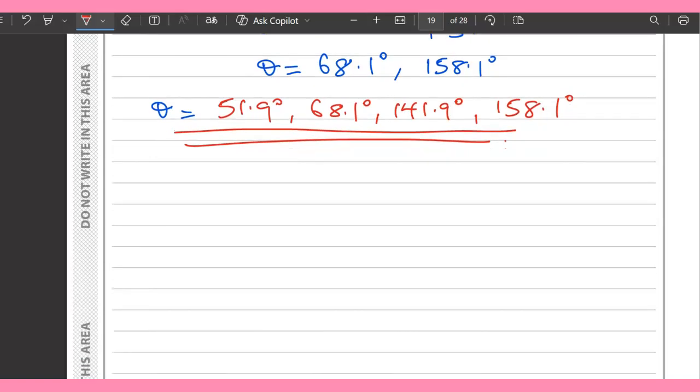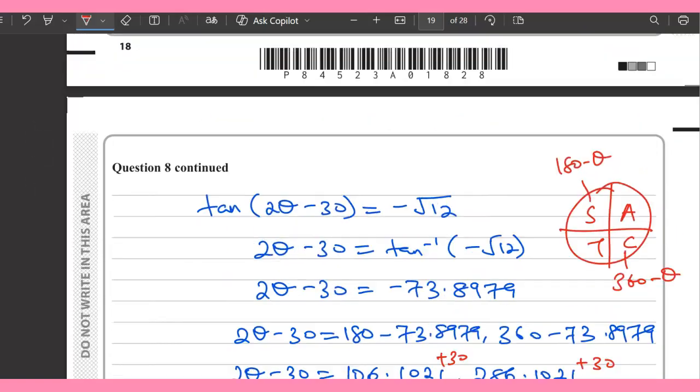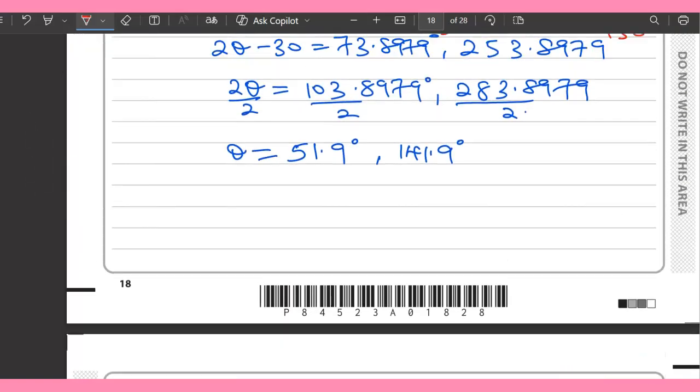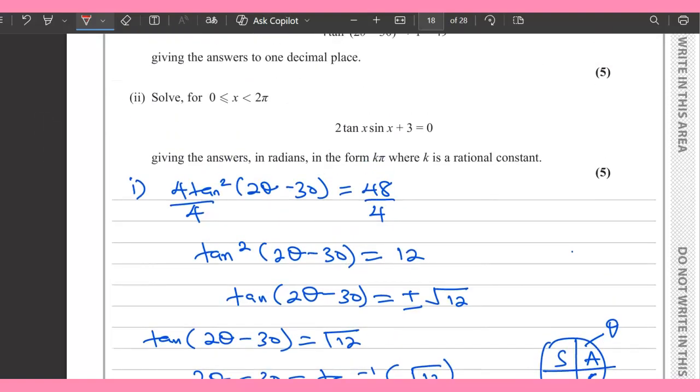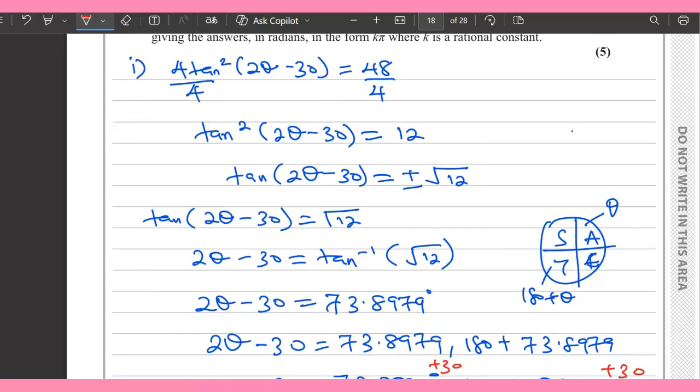Part 2, Roman 2, this is what you've been given. Solve for 2 tan x sine x plus 3 equals 0.